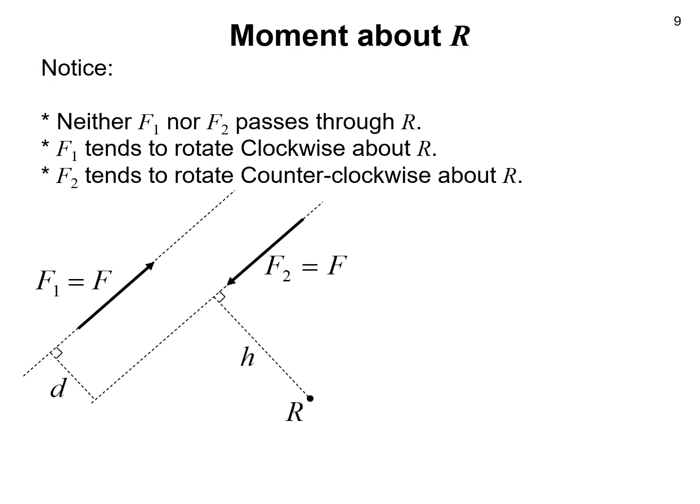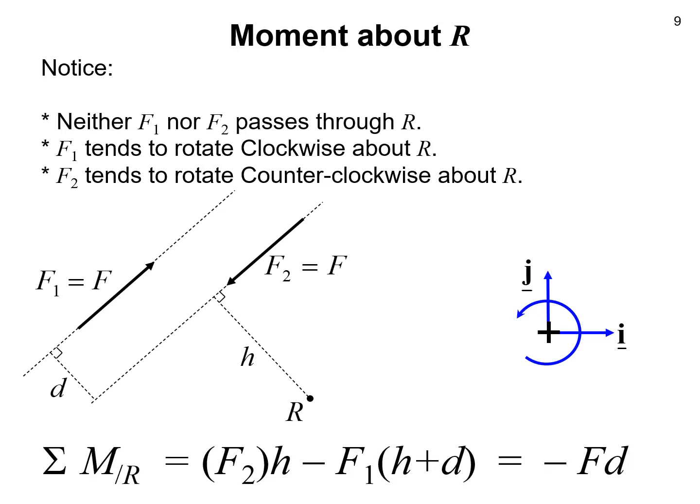Now if I do the sum of the moments about the point R, once again using the same positive convention, the force F2 in this case makes a counterclockwise moment about R, so it has a value of F2 times h. But the F1 force is still clockwise about the point R, and its total distance is now d plus h, so it's negative F1 times h plus d.